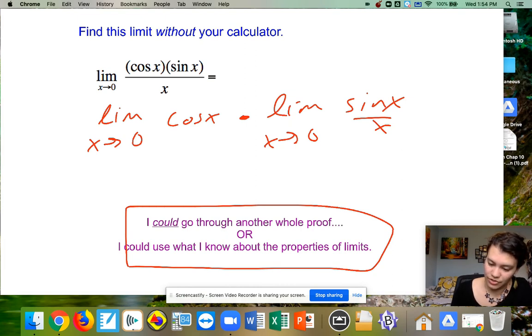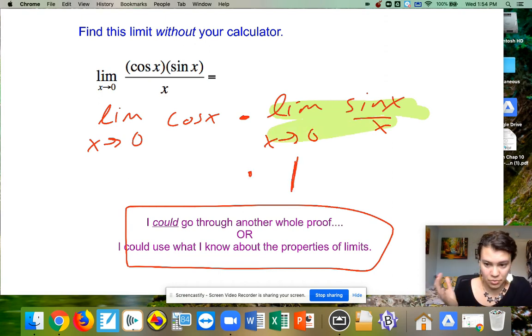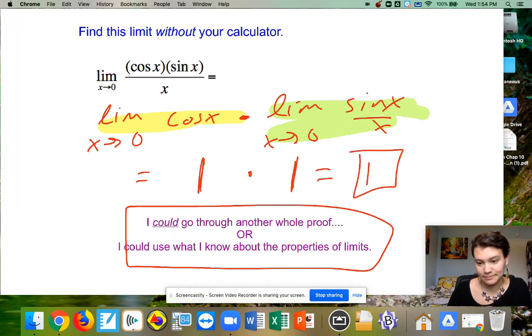The second chunk here, we know this is 1 because that's what we just proved. And then for the first chunk with our cosine, if you plug in 0, cosine of 0 is 1. So 1 times 1 is 1, and that's your limit.